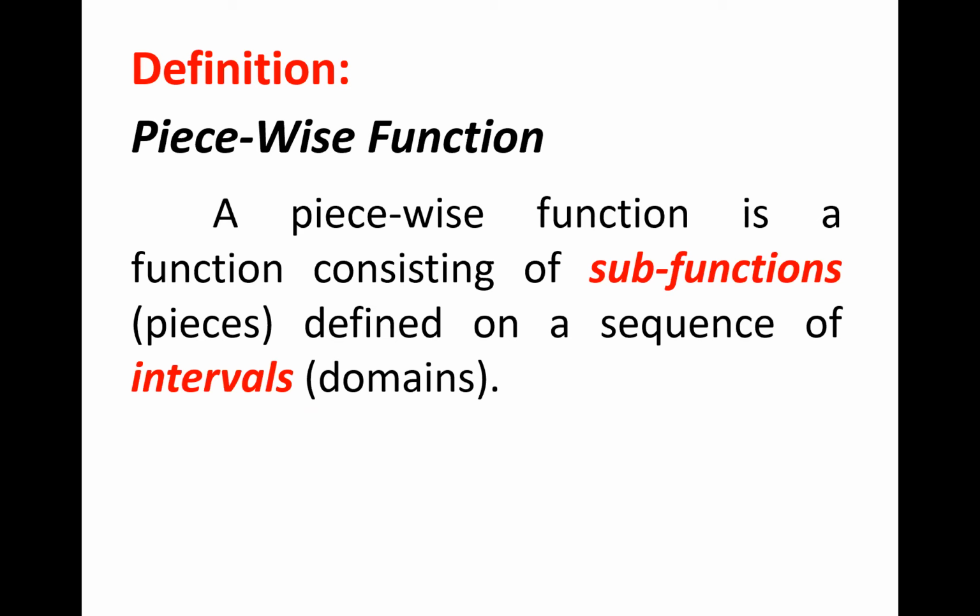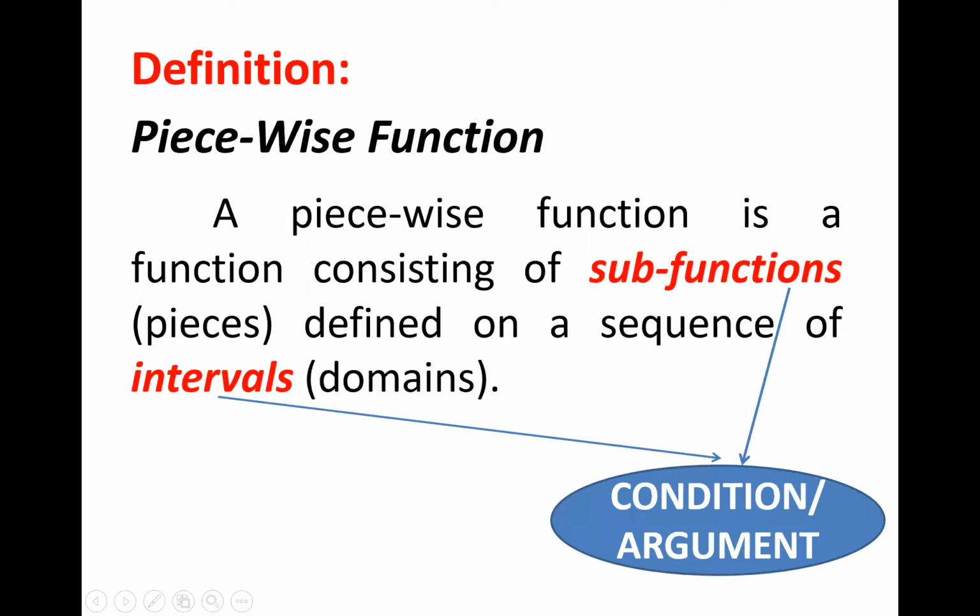Isang building pa rin sila. Same context sa piecewise function. Although it consists of different subfunctions, pero at the end of the day, isang entity pa rin sila bilang piecewise function. Okay? Now, these subfunctions and intervals ay makikita natin bilang condition or argument na nakapaloob sa word problem natin.